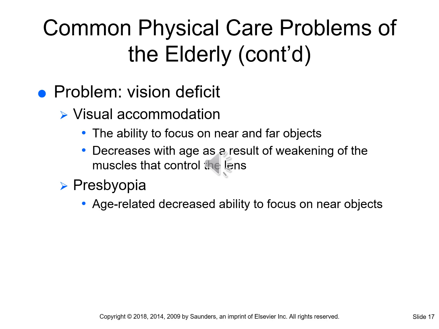And so they have a decrease in their ability to focus on near or far objects, because they have a weakening in their muscles that control the lenses. Or presbyopia may be another issue that's age related. And so that's a decreased ability to focus on near objects. So that might also be an issue for these individuals.